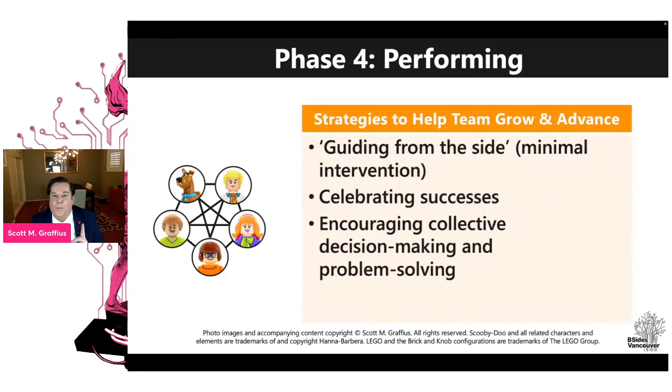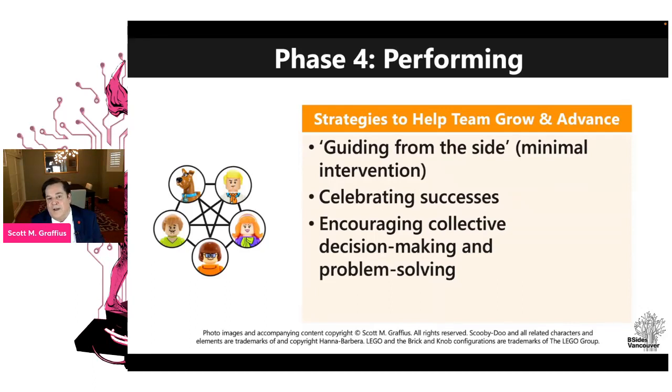But this is an open, active phase. The project's not done yet. So this is really more about these strategies here, about keeping the momentum going on the team. Here, similar to remarks I made earlier, minimal intervention, getting involved only when necessary, celebrating successes.